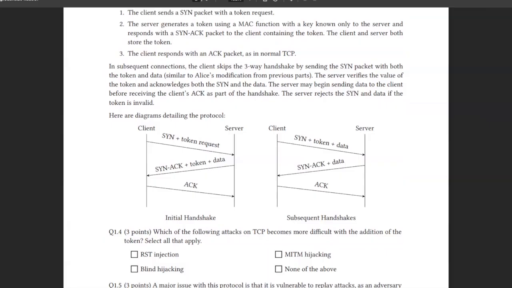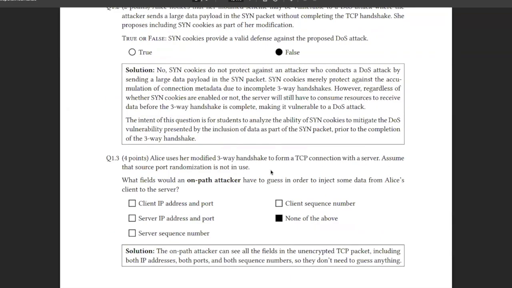It's like a cached handshake, you can think of it that way, right? It's merely for efficiency reasons of the handshake. And so none of the attacks become harder because of the token, since they can just start a new handshake and they're still guessing the same things they would guess with or without the token. And I think that should be the answer.